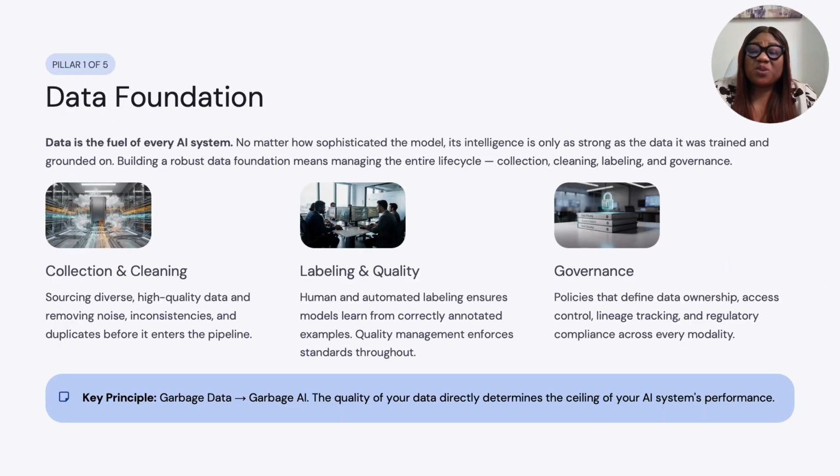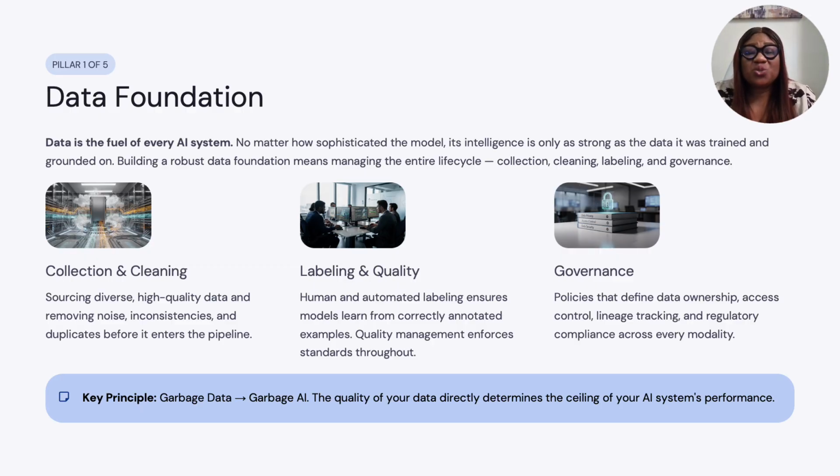One of the biggest misconceptions in AI today is that the model is everything. But the truth is, even the most advanced model can fail if the surrounding system is poorly designed. For example, if the data is poor, then the model learns incorrect patterns.